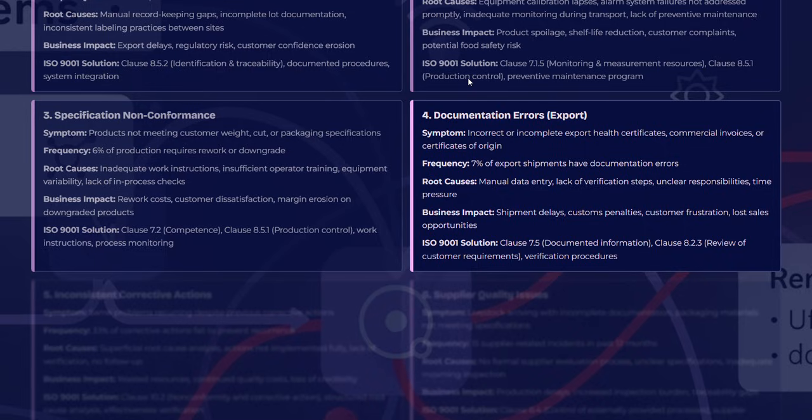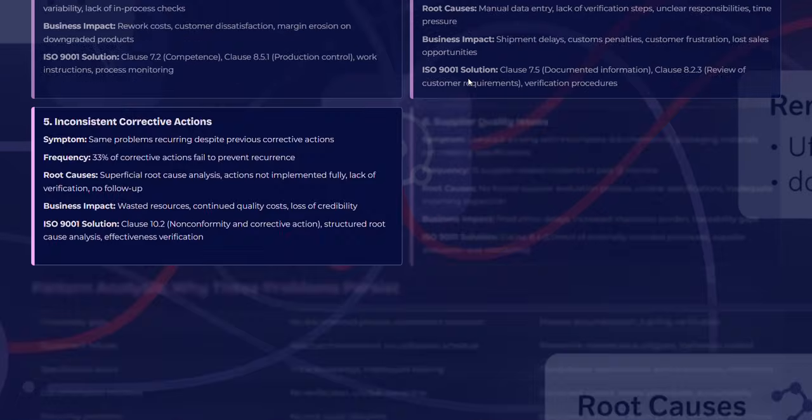What's the business impact of this problem? Shipment delays, customs penalties, customer frustration, lost sales opportunities. How is ISO 9001 going to solve this effectively? Through clause 7.5, documented information, clause 8.2.3, review of customer requirements, and verification procedures.